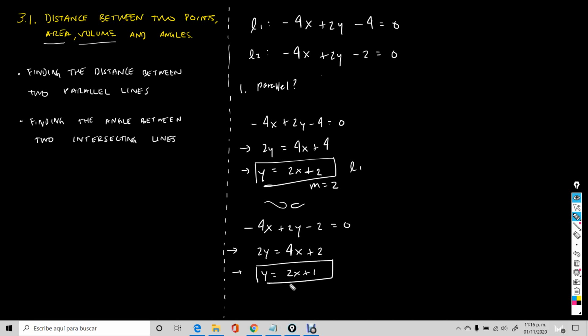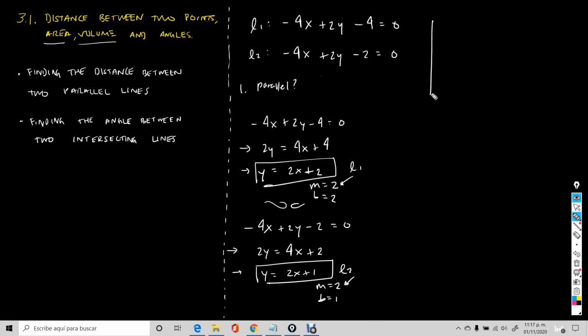So this is L2. And what is the slope of L2? It is 2, and the intercept is 1. And here the intercept was 2. So in fact, we can see that the slopes of both lines are 2, and that means that both lines are parallel, because they have the same slope.